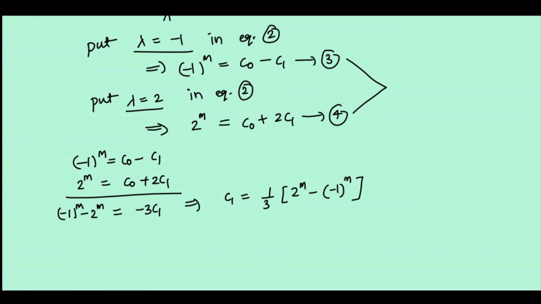So I got the value of C1. Substitute the value of C1 in any one of these equations and we will get C0. So C0 is equal to 1 by 3 times (2 raised to m plus 2 into (-1) raised to m). So once we got C0 and C1, we substitute them in equation number 1.